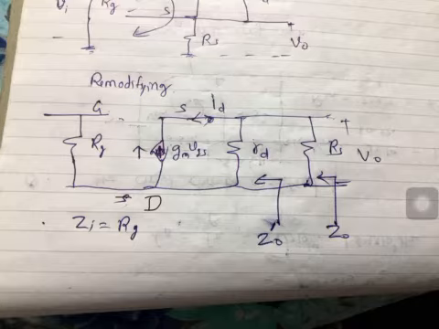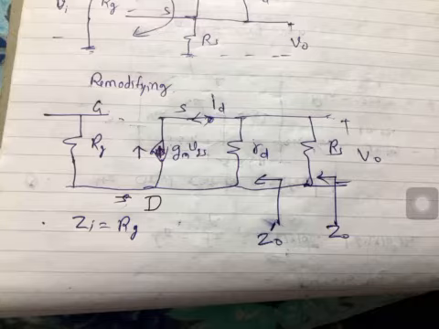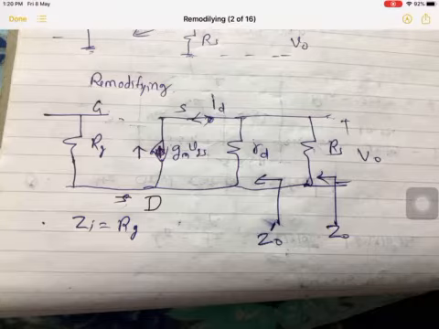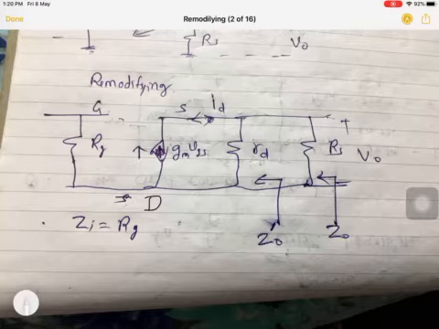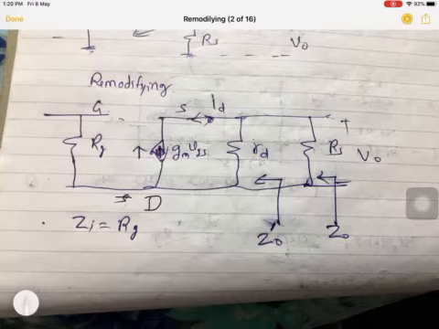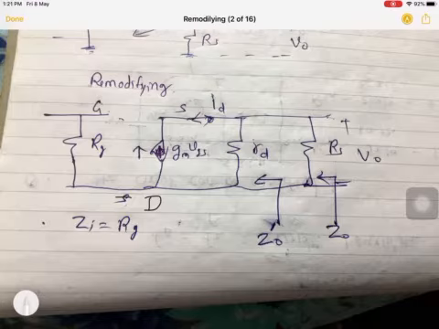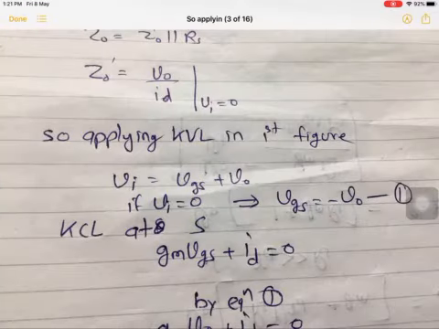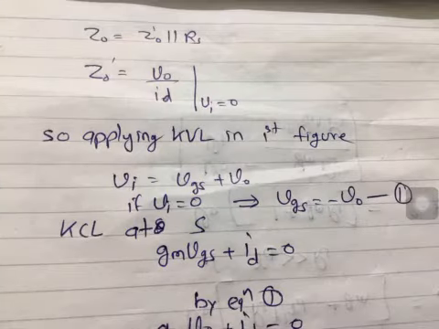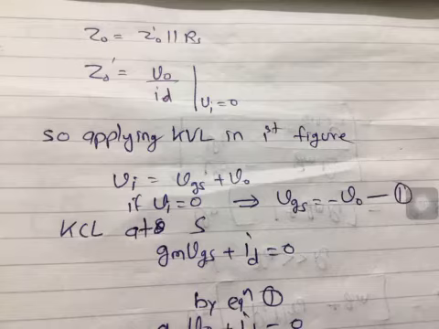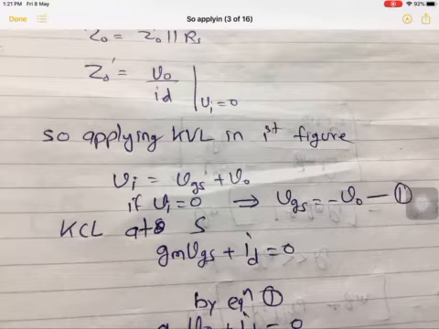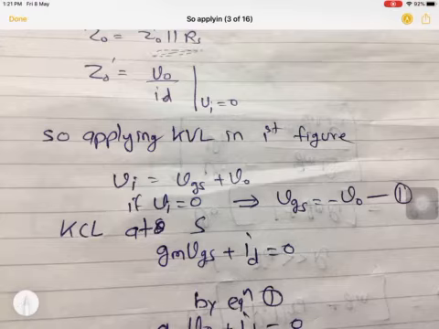So this has changed. Now to calculate the output impedance, we have to find V0 divided by this current, so that the net impedance will be Z0. So I can say Z0 will be Z0 dash in parallel with RS.